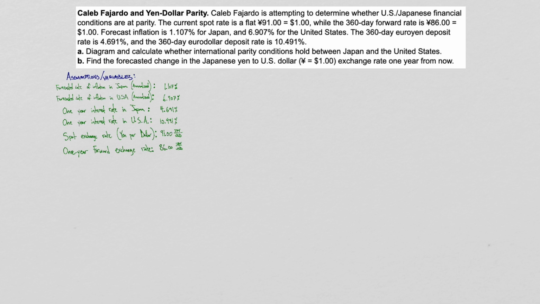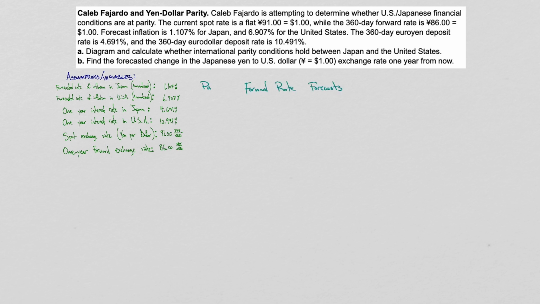When we're talking about parity conditions, we're talking about an idealized or equilibrium world in which the forward rate is an implicit forecast of the future spot rate, that we can get future spot rates by looking at inflation differentials, and that we can get future spot rates by looking at interest rate differentials, where interest rate includes an inflation component and a real rate of interest component.